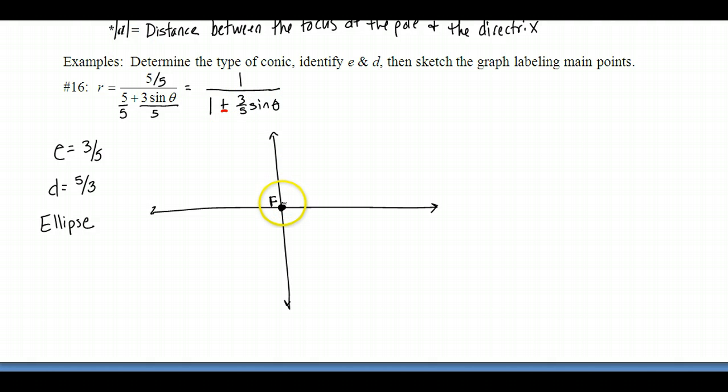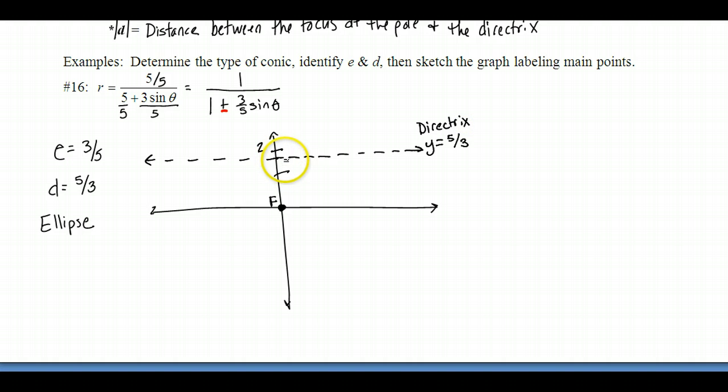So from my focus to my directrix, it has to be 5/3. So maybe here would be 1, here would be 2. So 5/3, we can draw that in, and there is our directrix. It's kind of weird to mix polar and rectangular, but that is a horizontal line, so y is equal to 5/3, and that's our directrix.